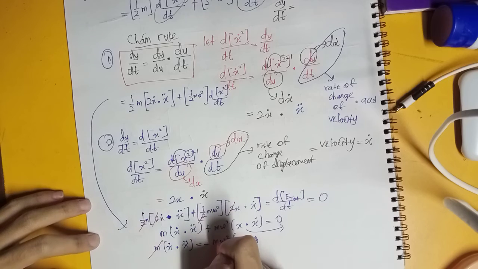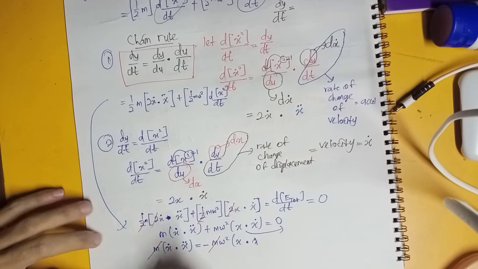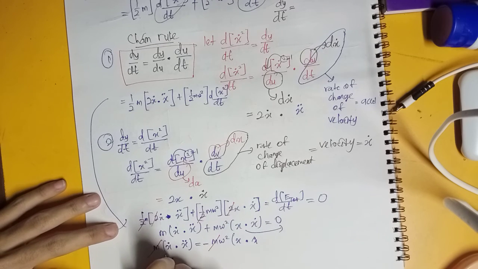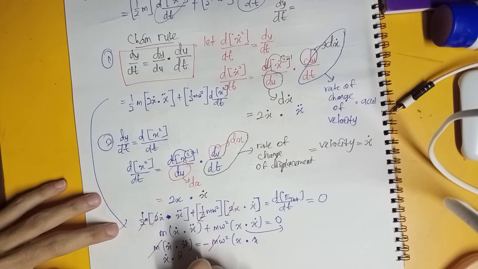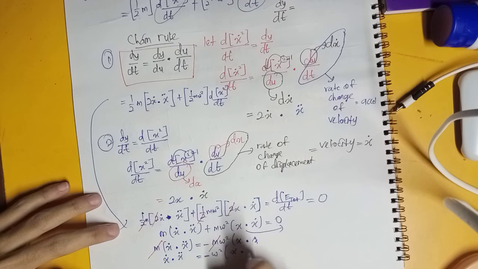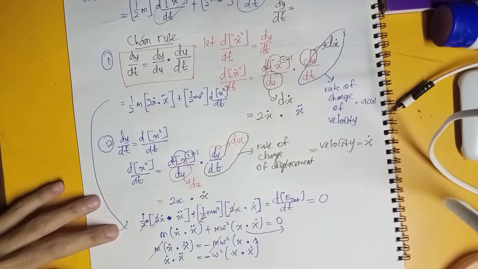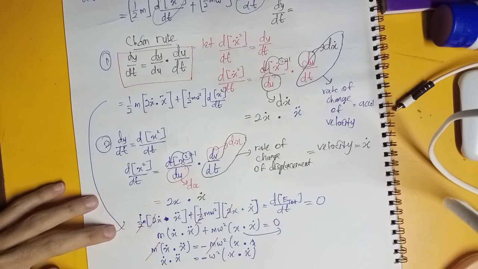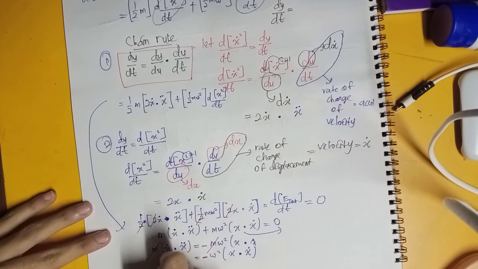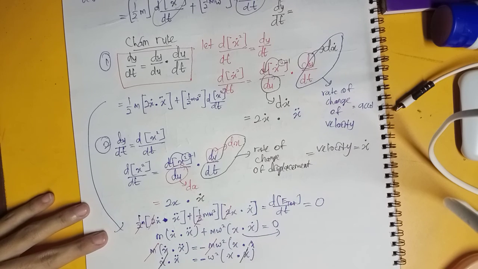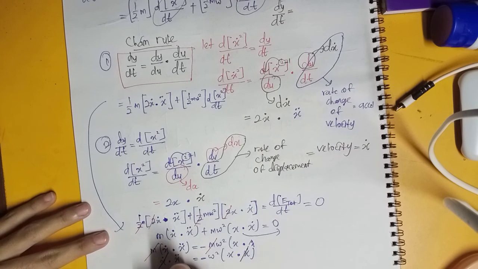So m can be removed here. So we get x dot times x double dot equal to negative omega squared x times x dot. And here we can see that x dot can be removed. So finally, x double dot is equal to negative omega squared x.